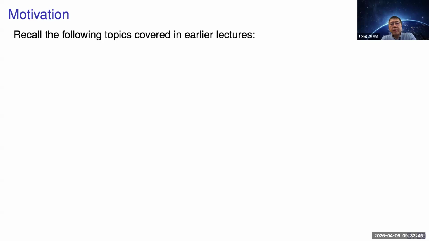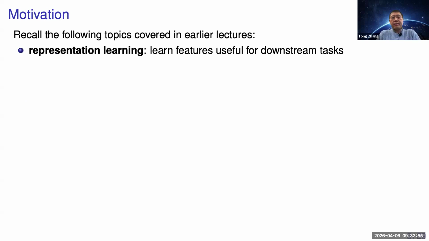Now the motivation. We just recall a few topics from the earlier lectures. If you recall, in the encoder-decoder lecture, we already mentioned there is an encoder, there is a decoder, there is representation learning, and there is generation. The encoder is typically associated with representation learning.